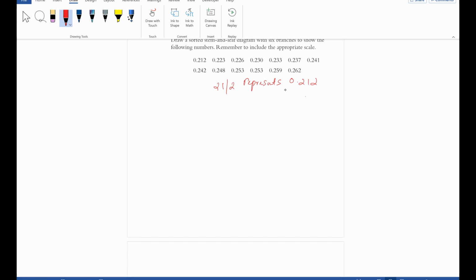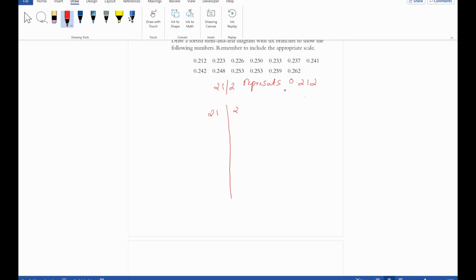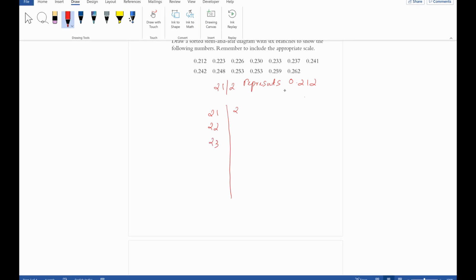I can draw the stem and leaf diagram whereby I position the first two digits in the stem region, and I place the last digit in the leaf part. So 21, this is the only leaf that I have. I move to the next branch, 22. If you write all the rest of the values, it will be 21, 22, 23, 24, 25, 26. So you have 1, 2, 3, 4, 5, 6 branches.